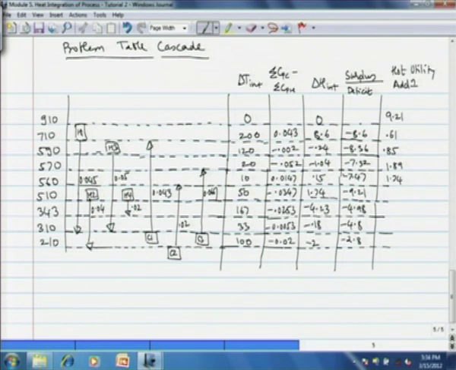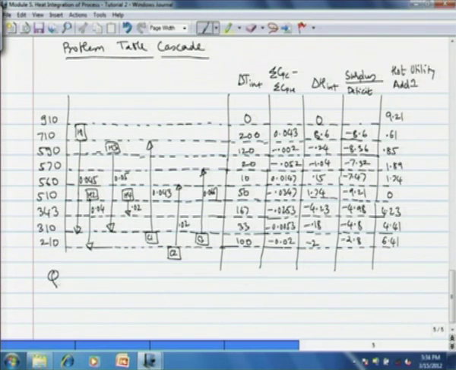We get the pinch at temperature 510, where the total delta H becomes 0. Thus, after all summation we are left with 6.41 megawatt to be removed by cold utility.